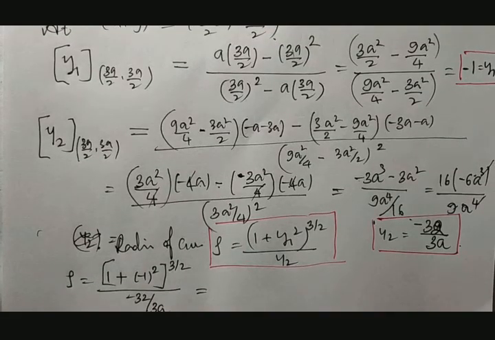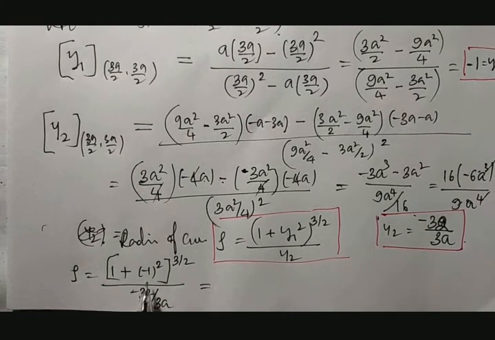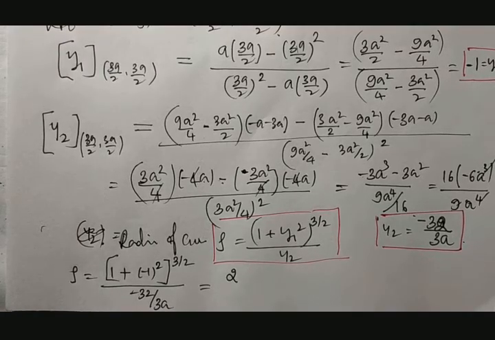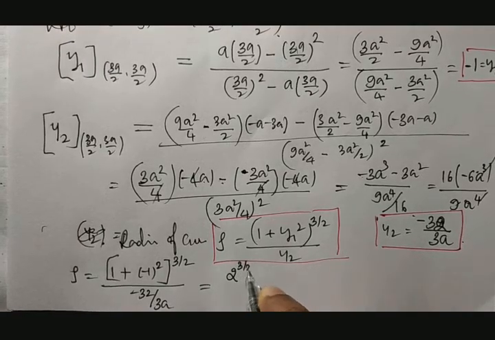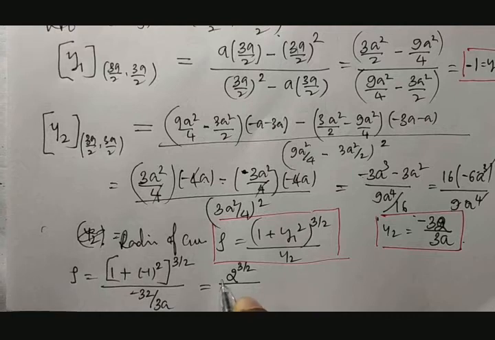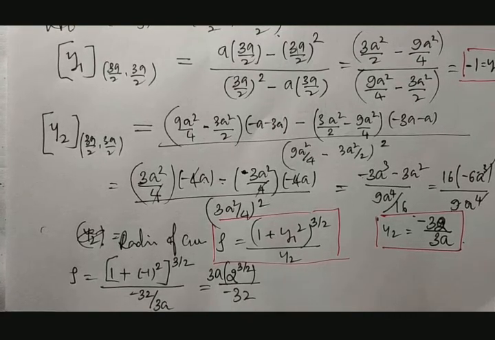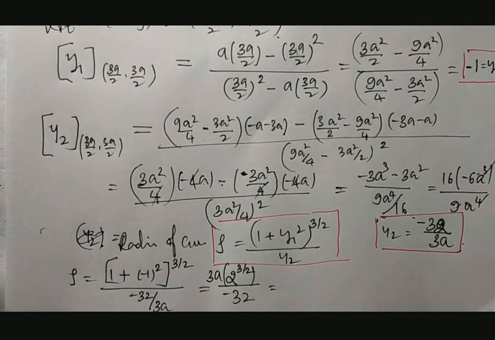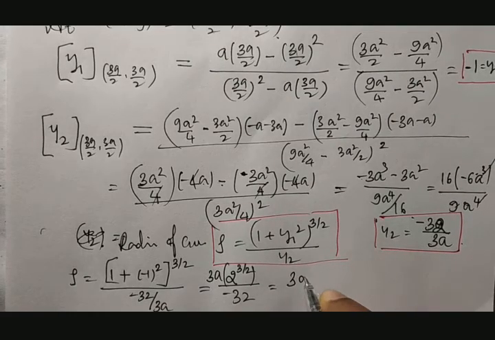Therefore, minus 1 the square becomes plus 1. So it is 1 plus 1. So that is 2. 2 raised to 3 by 2 divided by minus 32. This 3a goes to the numerator. Then it is minus 32. Fine. 3a.